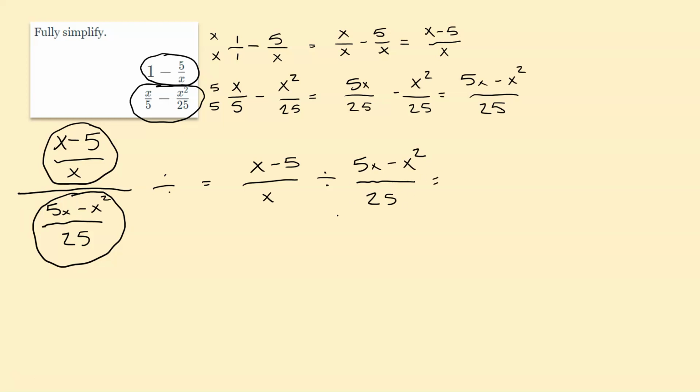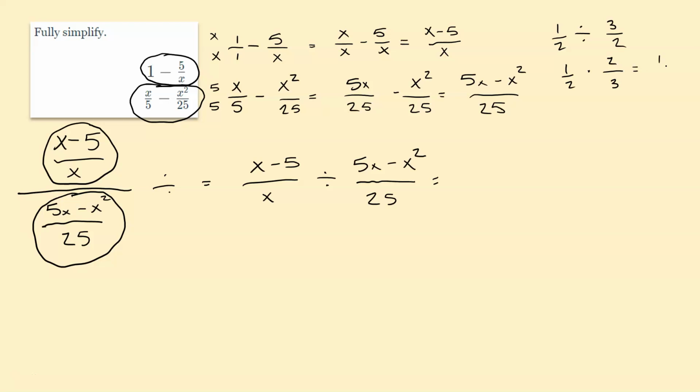So once we've done that, if you recall, when you are dividing fractions, like if I have 1/2 divided by 3/2, let's say, remember the way we do this is we change the operation to multiplication, and then we flip this fraction over here. And then we just multiply. So dividing is the same thing as multiplying by the reciprocal.